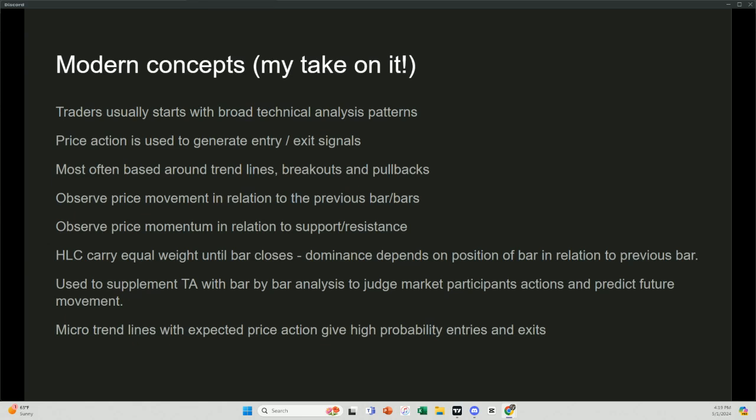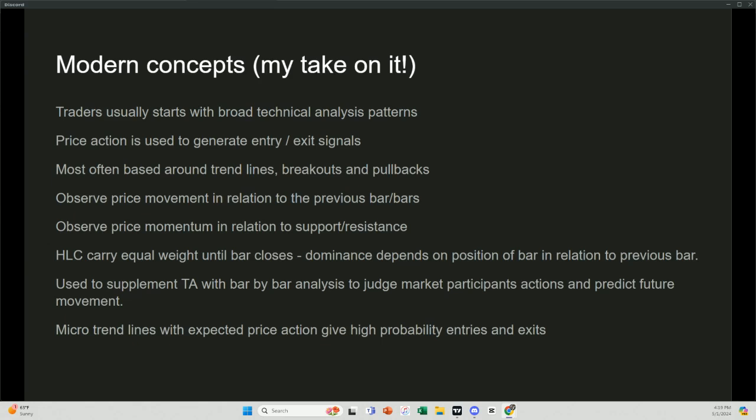It's a forward-looking discipline rather than a rearward-looking discipline. So that's the hard part of it, to throw away some of all that stuff you've been trained in around technical analysis that's lagging, because price action's forward-looking rather than lagging.